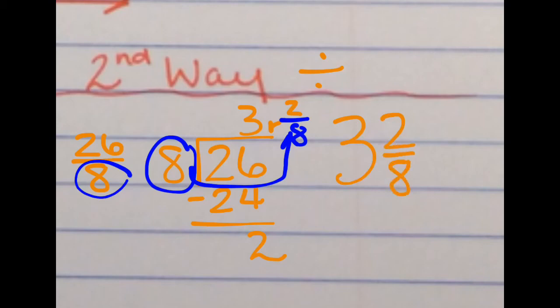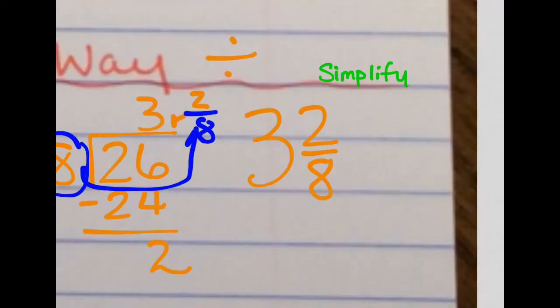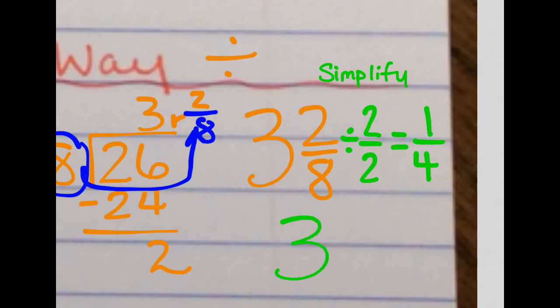And again, you could simplify it like we did a while ago, because 2 and 8 are both even numbers. They are both divisible by 2. You can simplify this by saying 2 divided by 2 gives you 1. 8 divided by 2 gives you 4. And your simplified mixed number is 3 and 1/4.